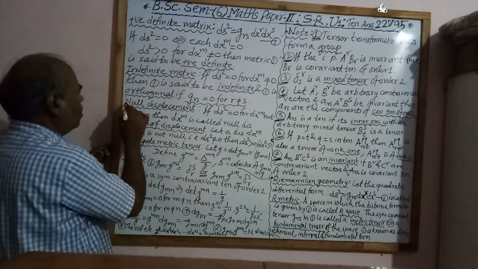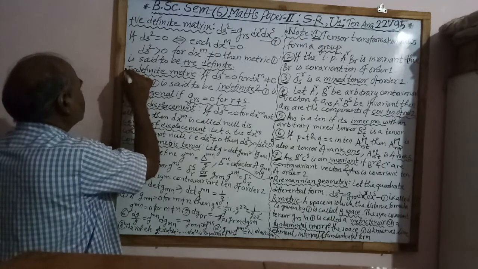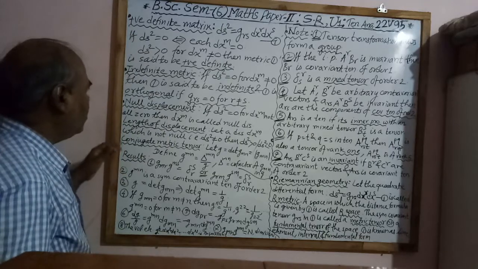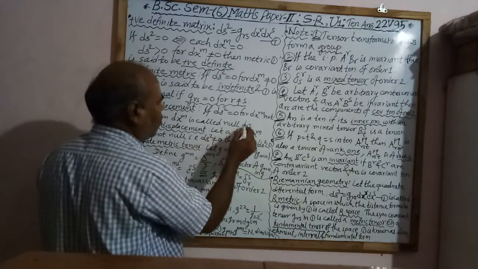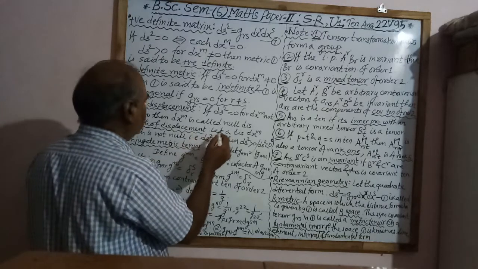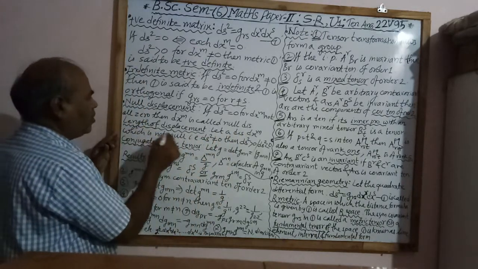Then the null displacement. The null displacement definition: if d square equal to 0 for dx^m not all 0, then dx^m is called null displacement. Then length of displacement.